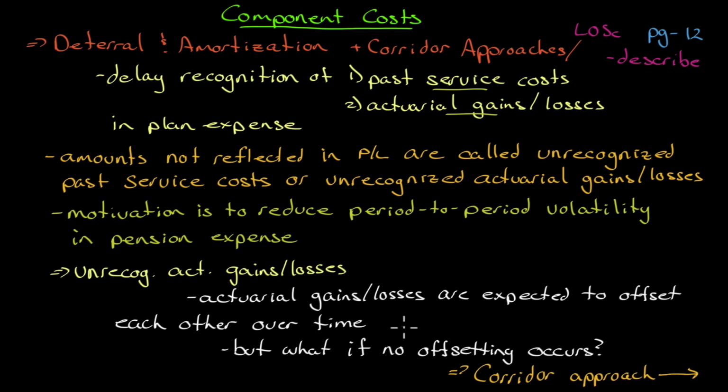The company that's reporting it would rather not have to amortize it, but there is an amortization saying, look, if it builds up to a point that's just ridiculous, you've got to start recognizing that as an expense, because it's a real cost the company has to face at some point, and leaving it in OCI as an unrecognized pension cost doesn't make a lot of sense. You've got to start recognizing some of this cost. That's called the corridor approach.